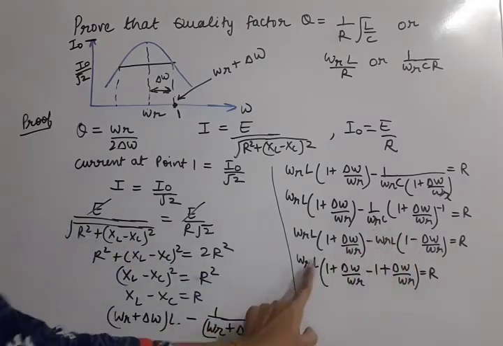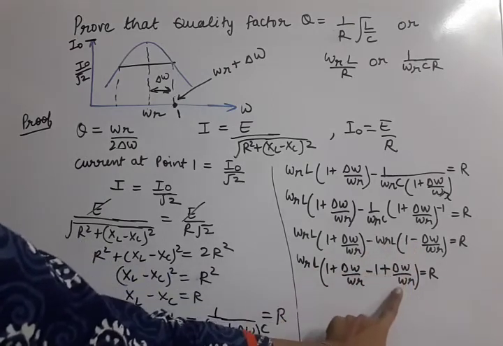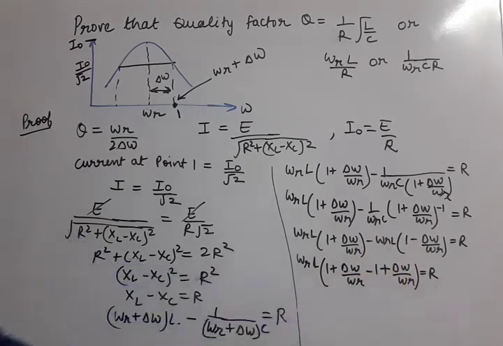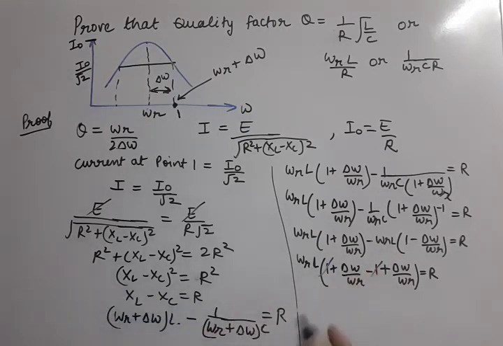Minus 1 minus minus plus delta omega by omega r equal to R. What cancels here is 1, so plus 1 minus 1 cancelled, and the similar terms which are left are delta omega upon omega r, delta omega upon omega r. That means it is twice. So 2 delta omega upon omega r, here omega r L and here R is left.